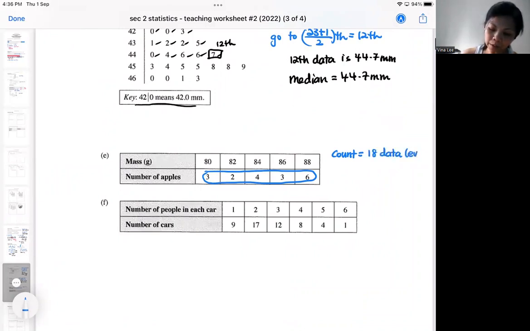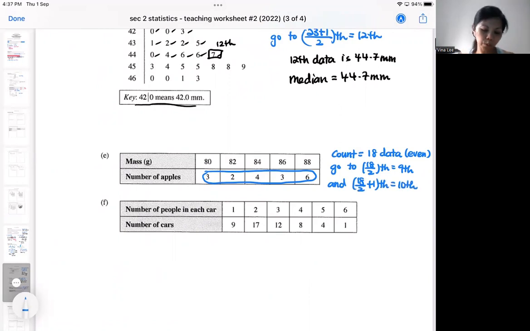So this is an even data. You will go to 18 divided by 2, 9 data, and 18 over 2 plus 1, so that's the 10th data. So you got to go to the 9th and 10th.